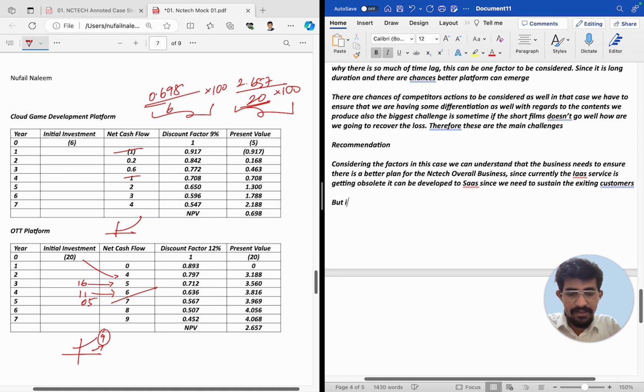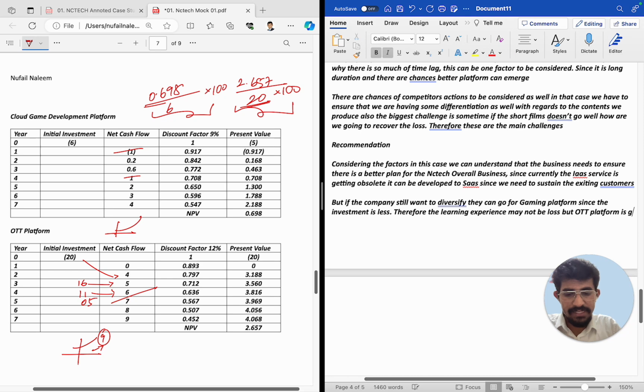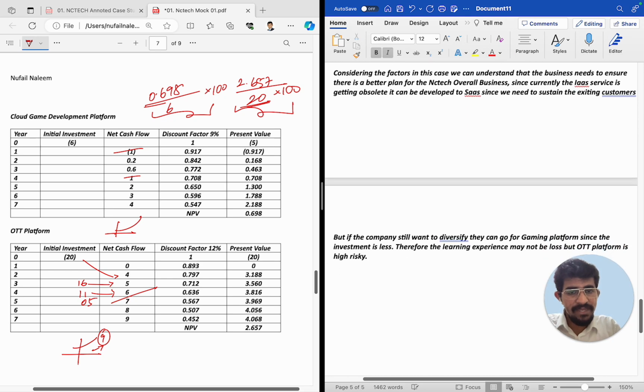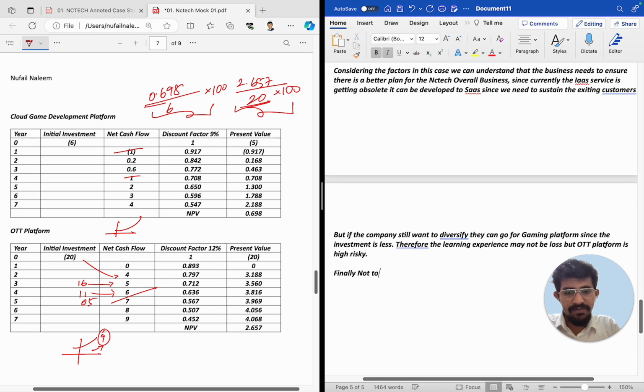But if the company still wants to diversify, they can go for a gaming platform since the investment is less. Therefore, the learning experience may not be a loss. But the OTT platform is highly risky. That is one thing. And I can say finally, not to invest in either project will be a better suggestion.